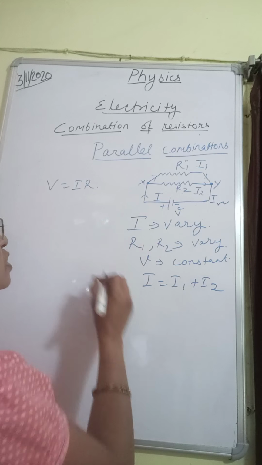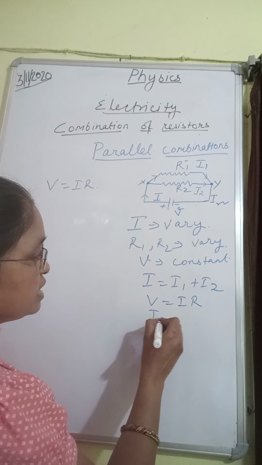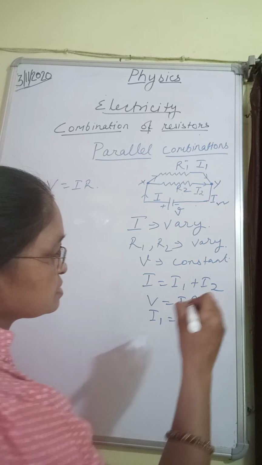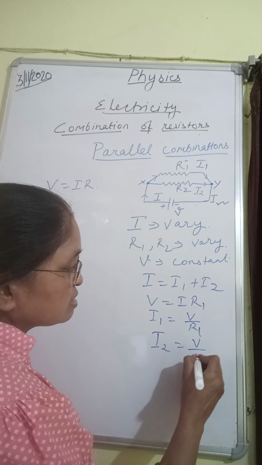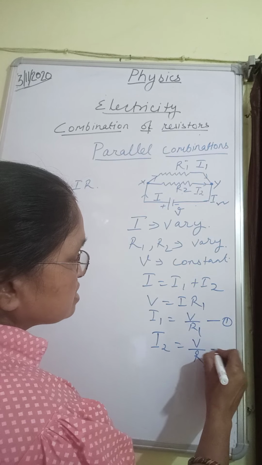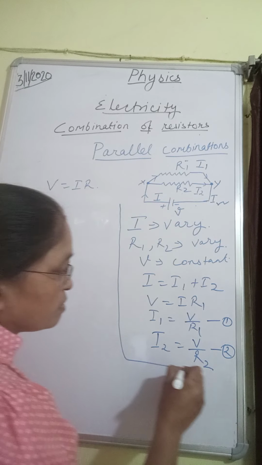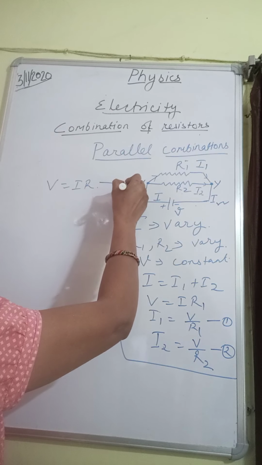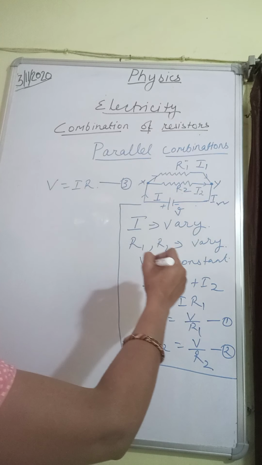For I1, from Ohm's law V is equal to IR, we can write I1 is equal to V by R1, and for I2 we get V by R2. Suppose this is equation 1, this is equation 2, and the main equation is equation 3. Applying the values of I1 and I2 in the main equation 3, what will we get? Just check it.